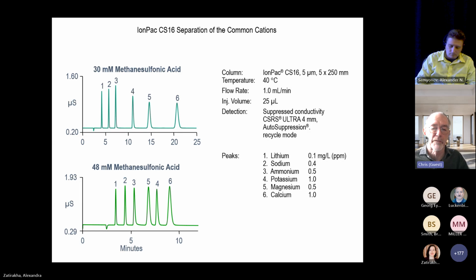And you can see the lower chromatogram where she's using an eluent that moves this potassium in between calcium and magnesium, gives you a pretty good separation of sodium and ammonia without using the crown ether, which required solvent in the mobile phase, which we later decided wasn't the greatest idea for suppressor life. So this column is one of the most popular columns, although I'd say the cation column that's most popular still is the CS12A. Next slide, please.